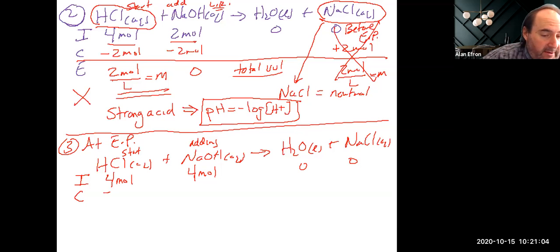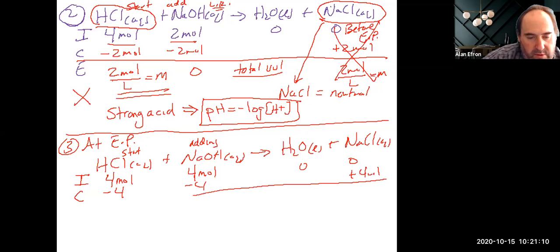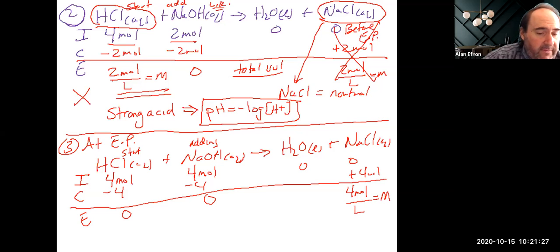There's only one number here, so our change would be -4, which means when we get to equilibrium, we have nothing of this guy, nothing of this guy, and we have 4 moles of this guy. Just like we talked about before, we would want to convert this back into molarity, dividing by the total volume.